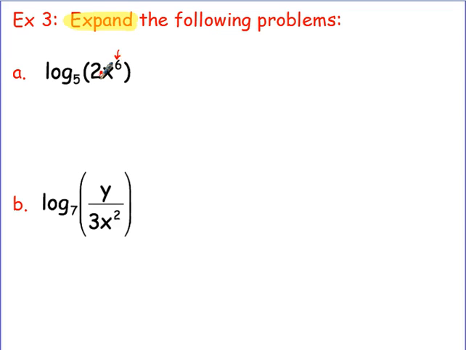So 1 log becomes 2 logs. 1 for the 2, and 1 for the x to the 6th. Notice this 5 goes with both logs. Don't forget that base. So there's 2 big guys, 2 logs. What does multiplication change into? Hopefully you remember it changes to addition.